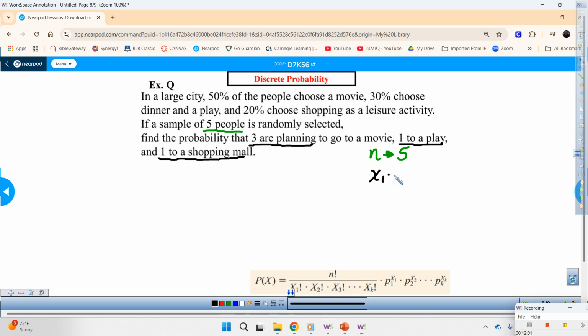X sub 1, x sub 2, and x sub 3. X sub 1 is 3, x sub 2 is 1, and x sub 3 is 1. And of course, all of these need its p. P sub 1, p sub 2, and p sub 3.